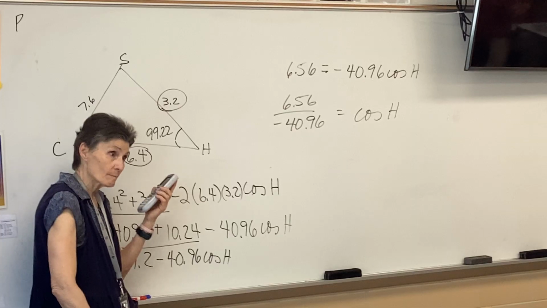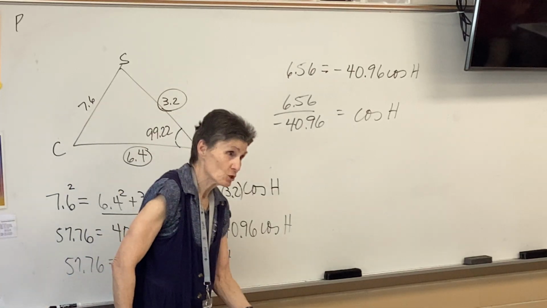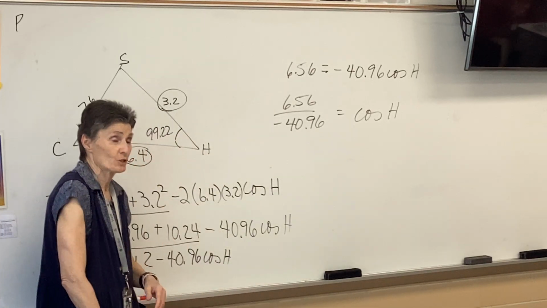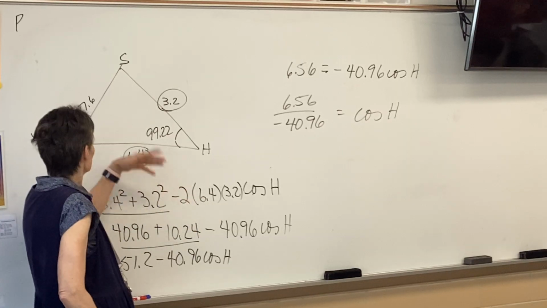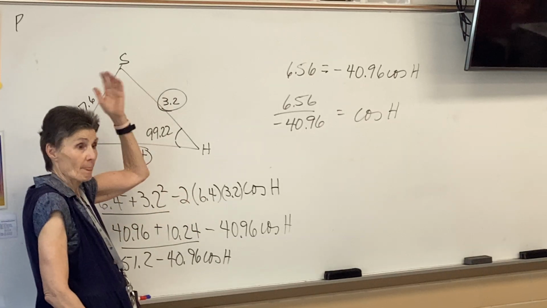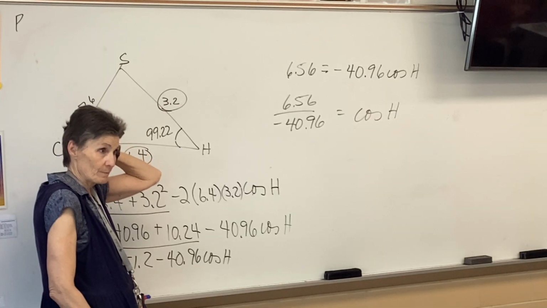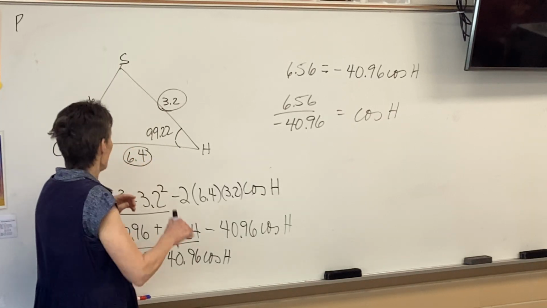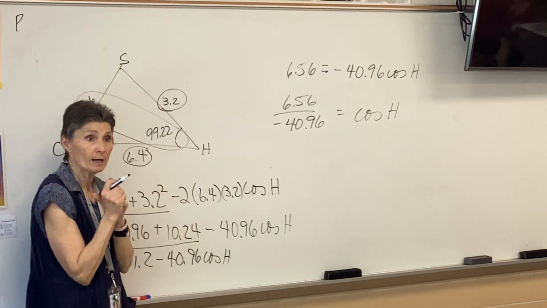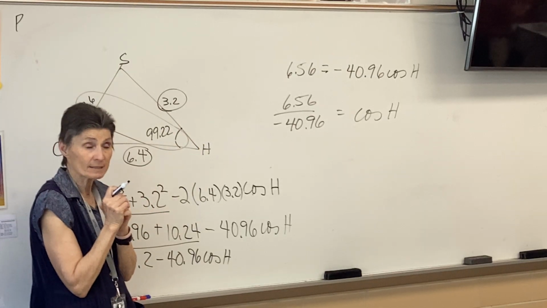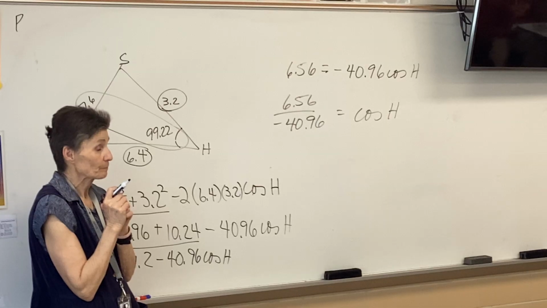Now what? If you enjoyed that so much, could you redo the process for angle S, let's say? Yeah. You totally could. However, at this point, you now can use the law of sines if you wish.